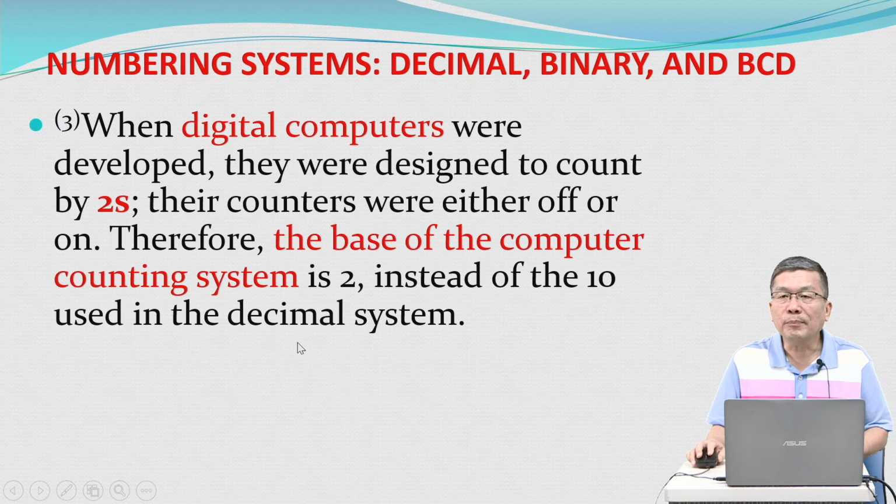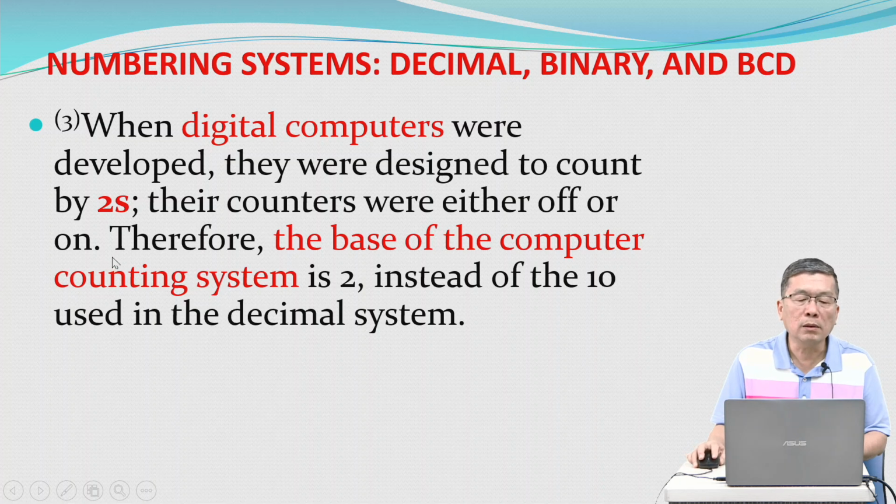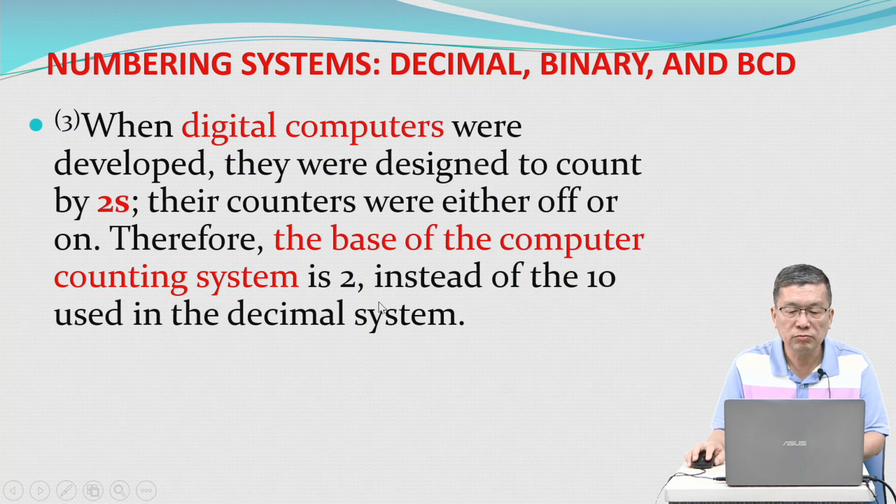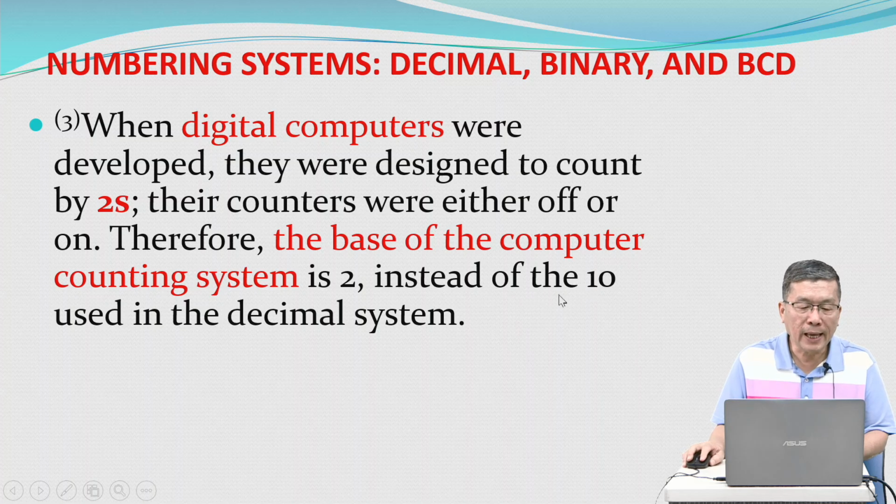When digital computers were developed, they were designed to count by twos. Their counters were either off or on. Therefore, the base of the computer counting system is 2, instead of the 10 used in the decimal system.